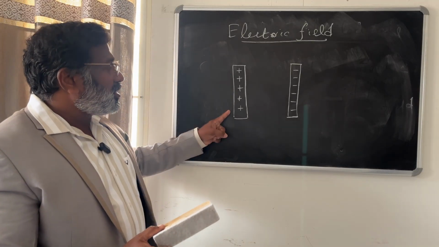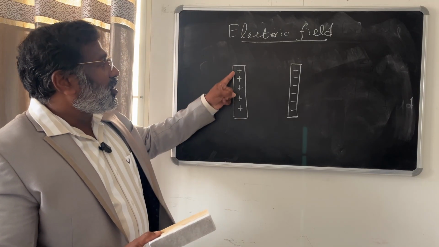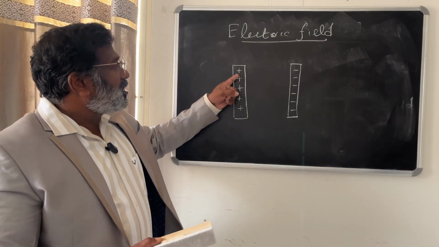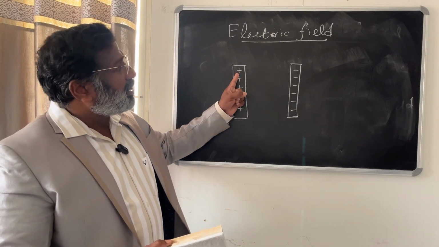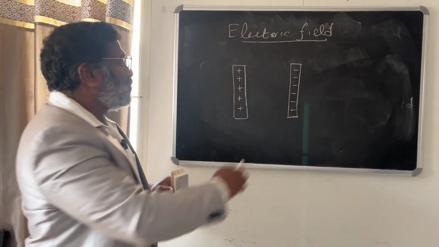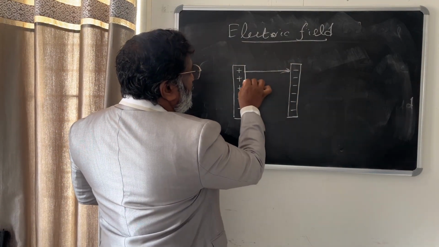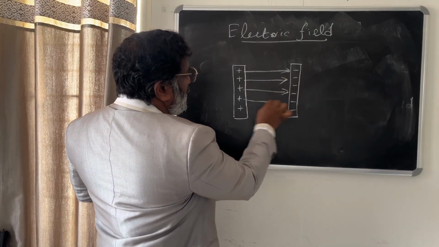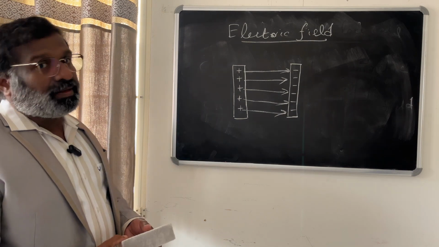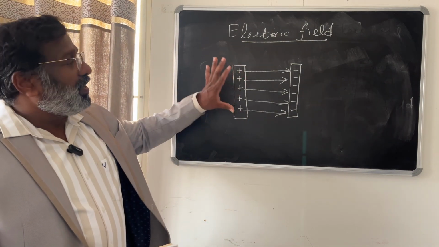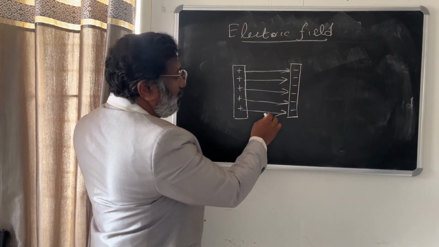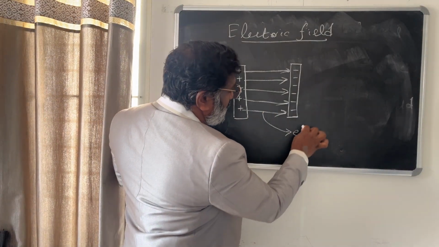Now this metal plate is positively charged and this metal plate has negative charges. So these positive charges will exert a force over the negative charges. These forces will act in the form of parallel lines, and those are called electric lines of force.